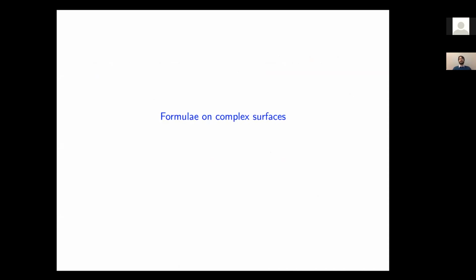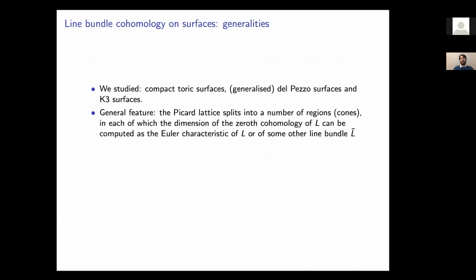Okay, so in the next section, I'm going to talk about some results on complex surfaces. So we looked at compact toric surfaces, we looked at generalized del Pezzo surfaces, including K3 surfaces.